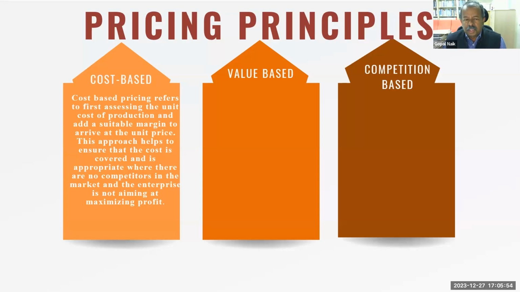So this approach helps to ensure that the cost is covered and is appropriate where there are no competitors in the market, and the enterprise is not aiming to maximize profit. So that's the situation where one could use cost-based pricing.